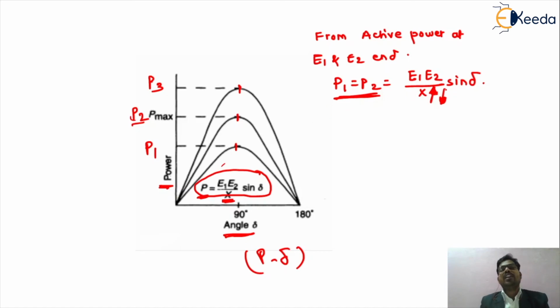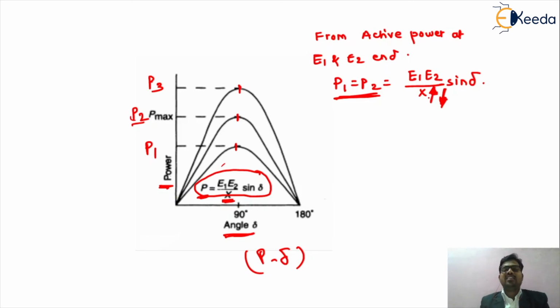Suppose you reduce the value of the reactance, then obviously the power of your transmission line will be improved, and if you increase the value of the transmission line reactance, then obviously the power and transmission line reactance are inversely proportional.